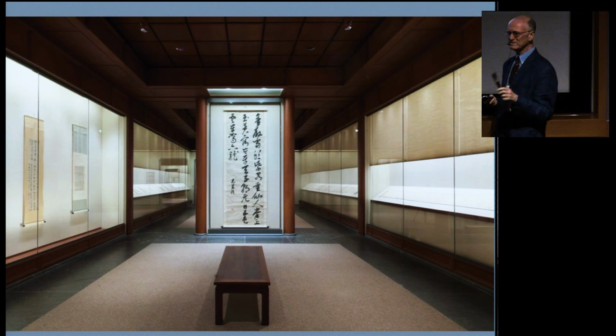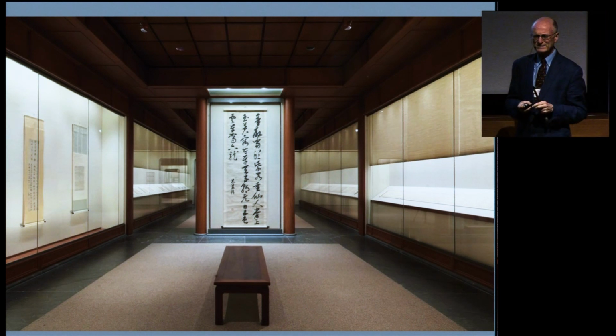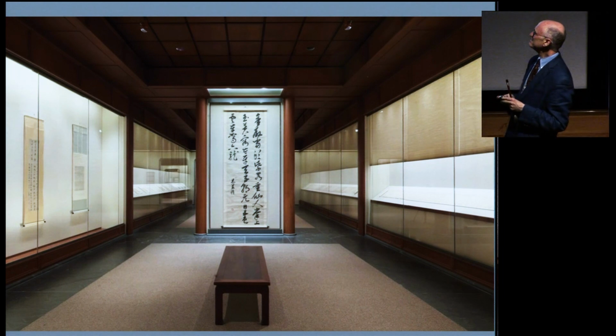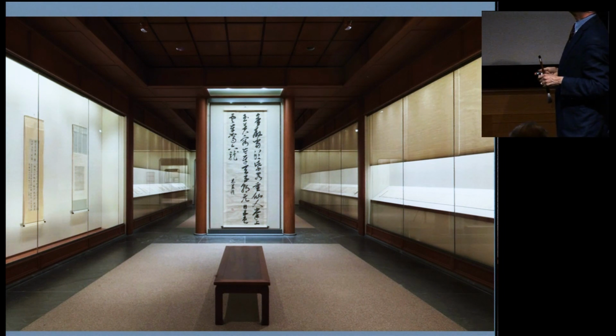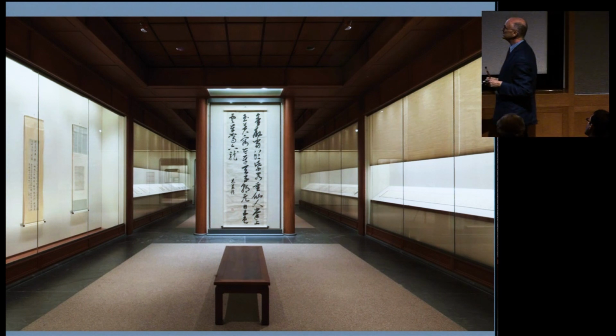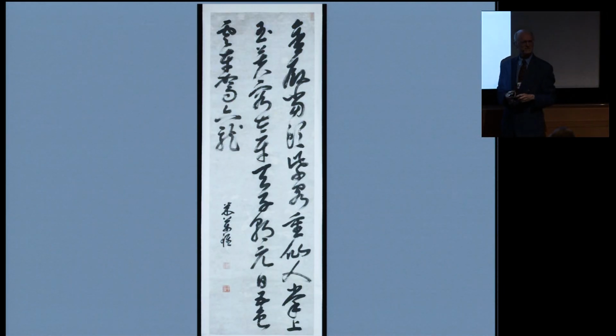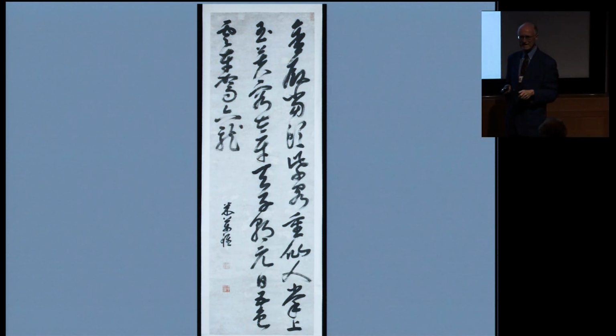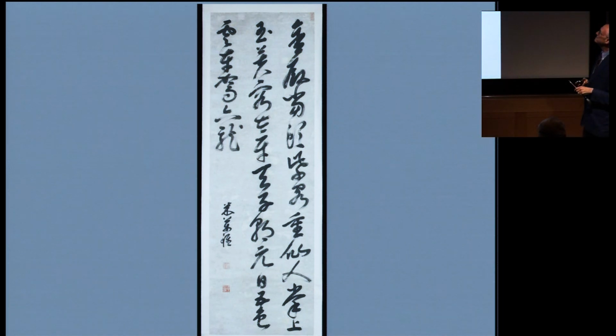Now, I want to look at quite a few things this afternoon, so we can't go too slowly. But I'd like to start with the flagship work of the exhibition, perhaps, this big scroll that you see when you come in. And let's just spend a little time with this now. It's a very big hanging scroll by a 17th century artist named Mi Wanzhong.